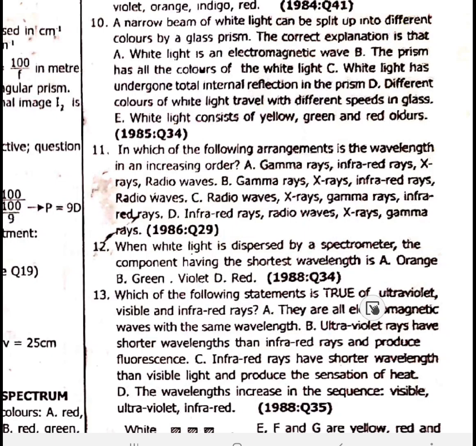Let me explain this number twelve. When white light is dispersed by a spectrum, the component having the shortest wavelength... remember I said ROYGBIV. They gave us green, orange, red. They ask which of the following has the shortest wavelength.